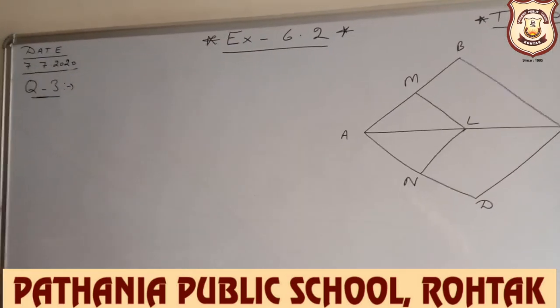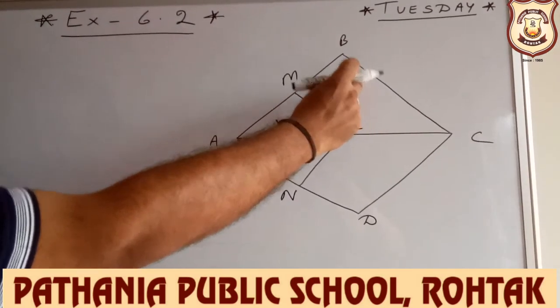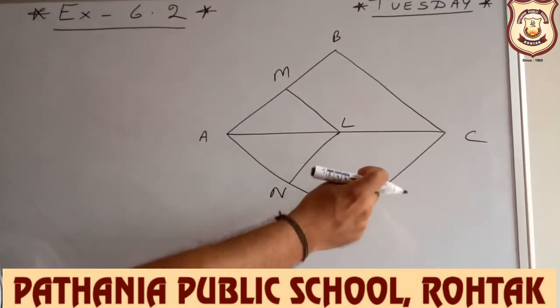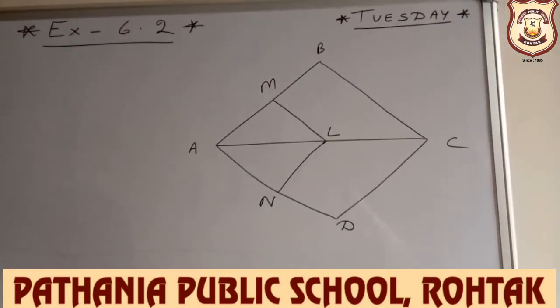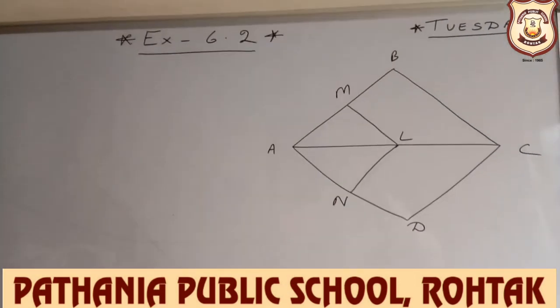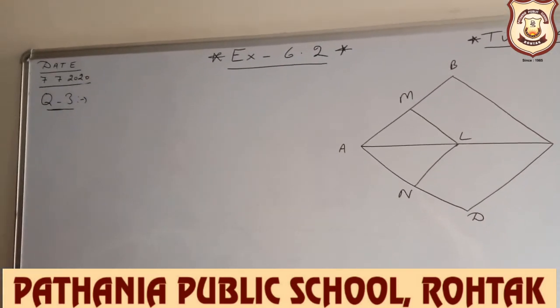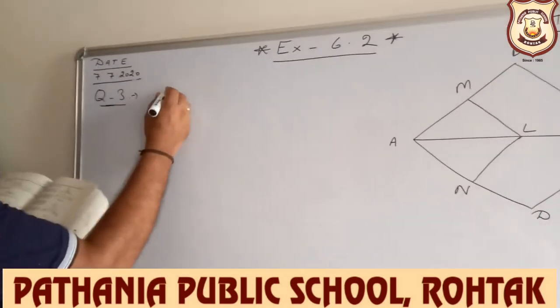Now see question number 3. In the figure, LM is parallel to BC, and LN is parallel to CD. To prove, they are asking, prove that AM upon AB equals AN upon AD. So start with the given.